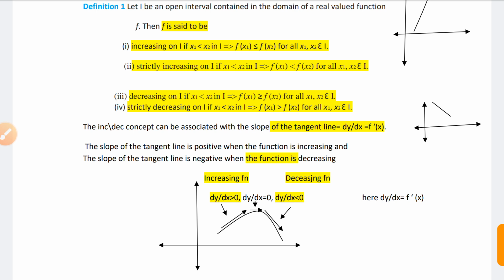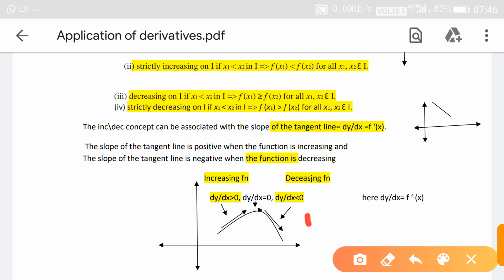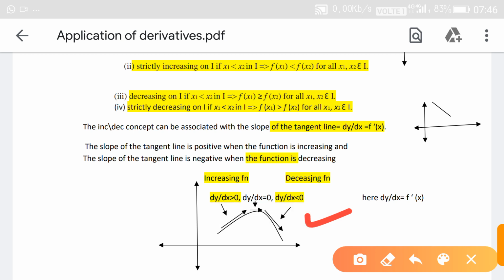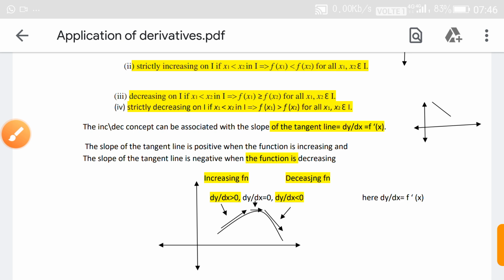Now if a curve is there like this, dy/dx is positive in case of increasing function, and dy/dx is negative in case of decreasing function, and there is some point where dy/dx is 0.